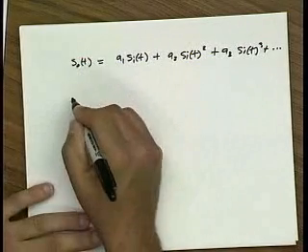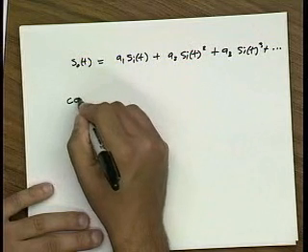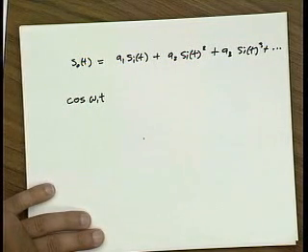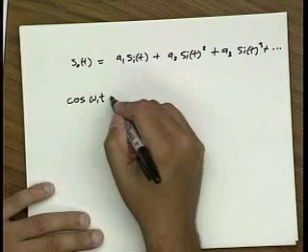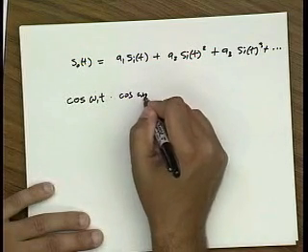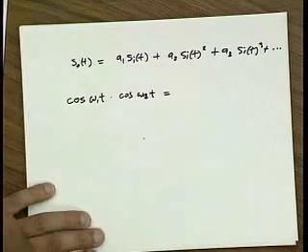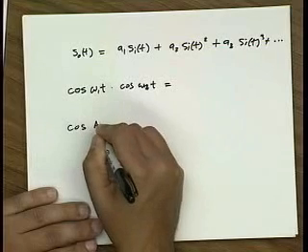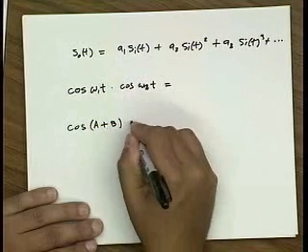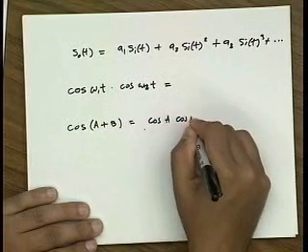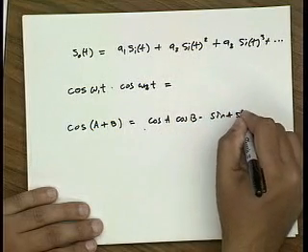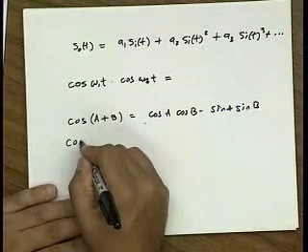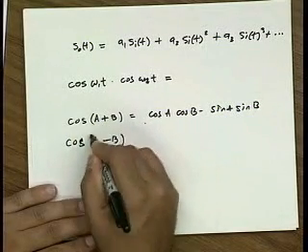So let's say our input is a simple cosine at some frequency, cosine omega 1. If I multiply this by cosine omega 2, I can use the trigonometric identity that cosine (A plus B) is equal to cosine A cosine B minus sine A sine B. I can also plug in cosine (A minus B).